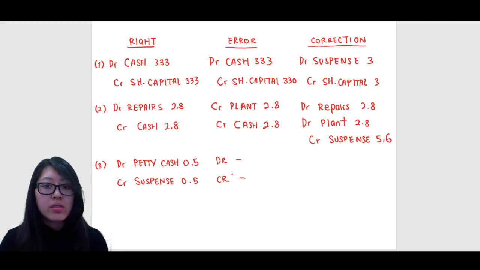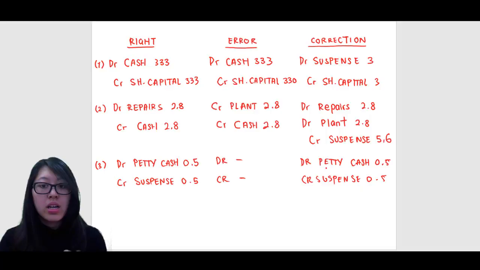So we just need to do what was supposed to be posted. That's the key thing about an error of omission. If the whole thing is missing, then all you need to do is do the double entry that was supposed to be done in the first place. So we just need to post the petty cash balance on the debit side of $500 this time.